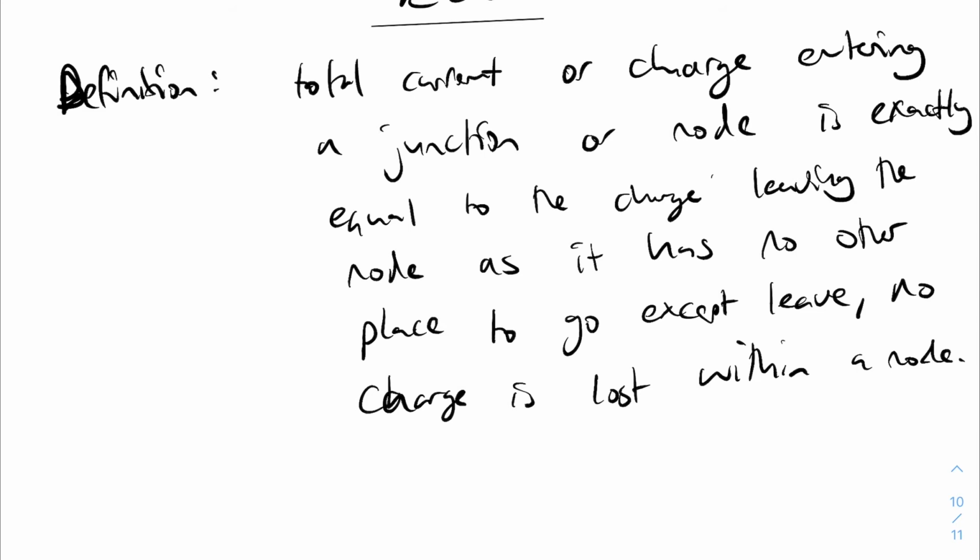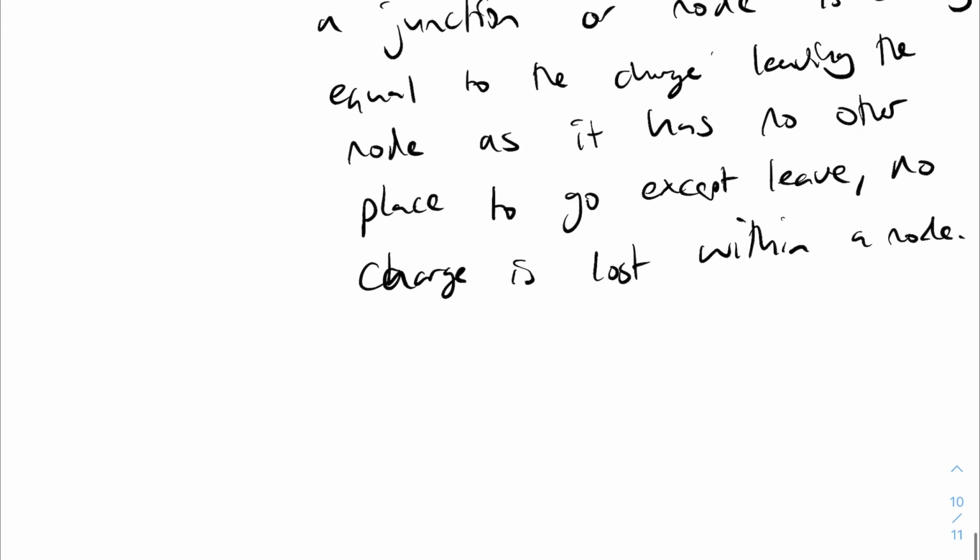So if you just started studying electricity, the easiest way to look at it is just think about water and pipes. That's what I do and it works nicely for me. So let's just go over this definition again. Total current or charge entering a junction or node is exactly equal to the charge leaving the node. So imagine we had a mountain and you had a dark tunnel, and you had 10 cars entering that tunnel.